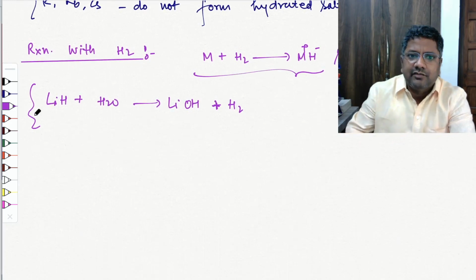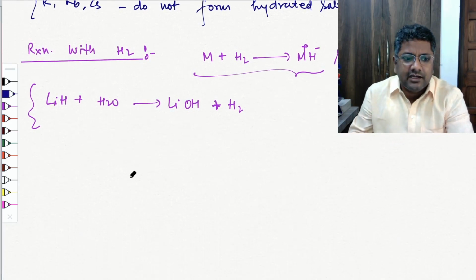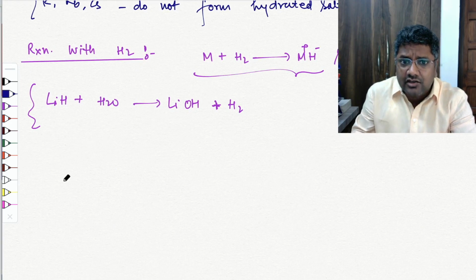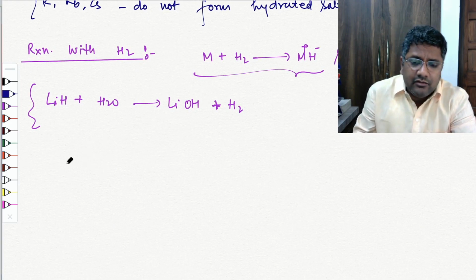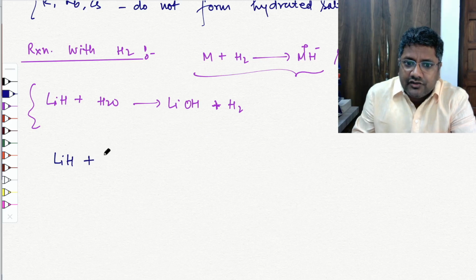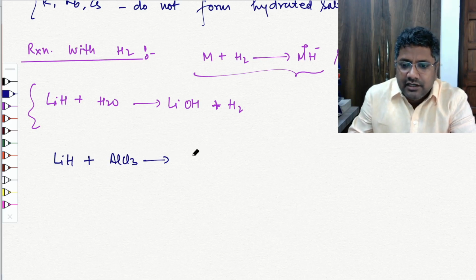Now see, some other complex metal hydrides are also known, and they are very good reducing agents used in organic reactions. For example, lithium hydride on reaction with AlCl3 will produce LiAlH4.